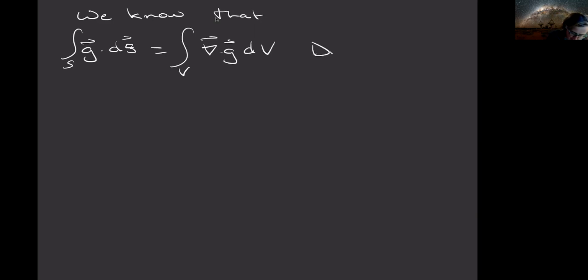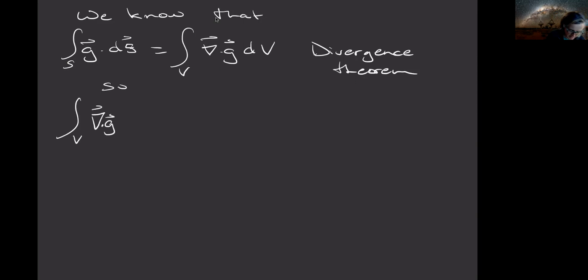So that's the divergence theorem. And so it follows then that the integral over the volume of the divergence of the gravitational acceleration, plus 4 pi G rho, all of that times dV, has to be equal to 0.